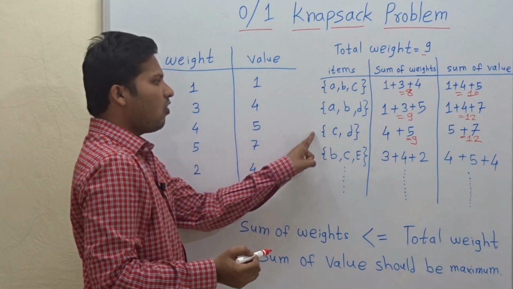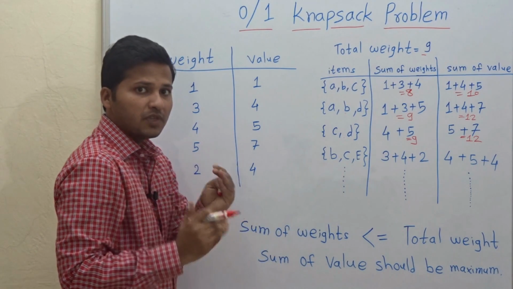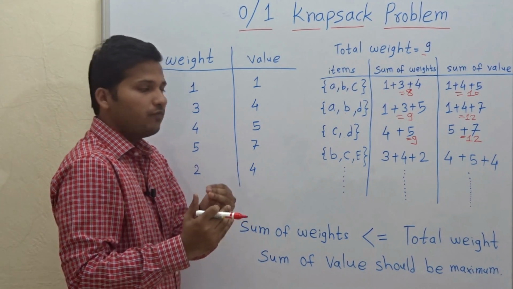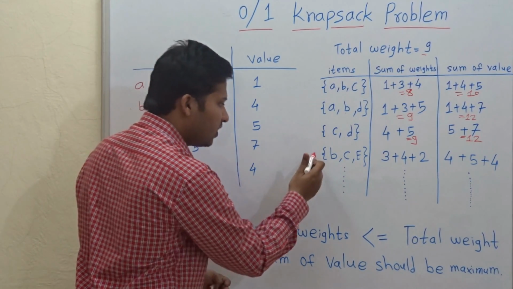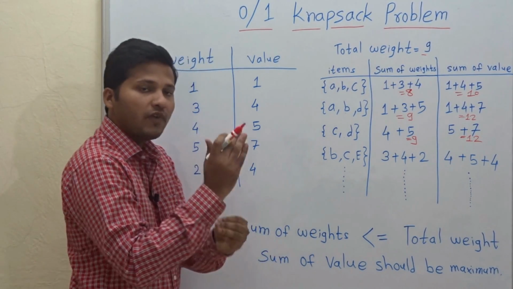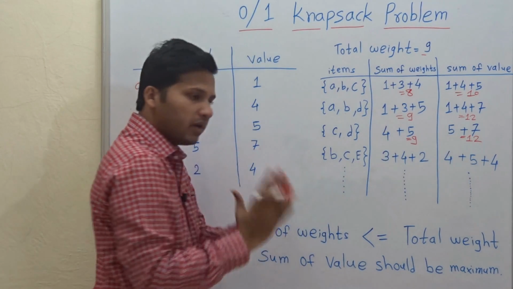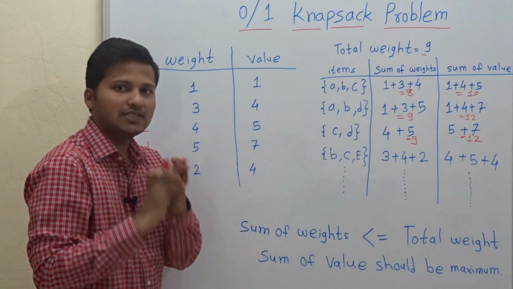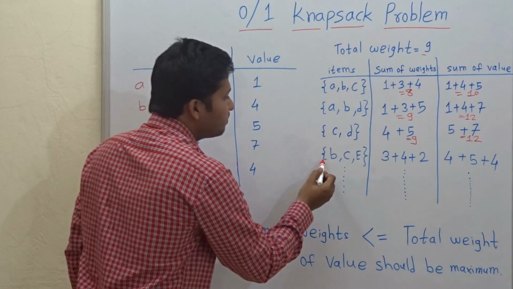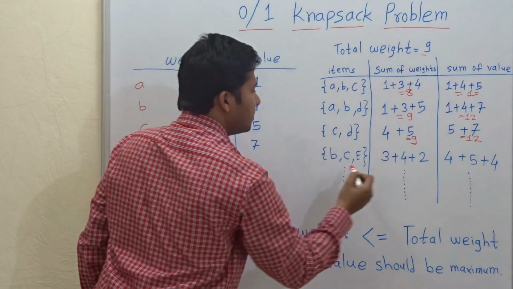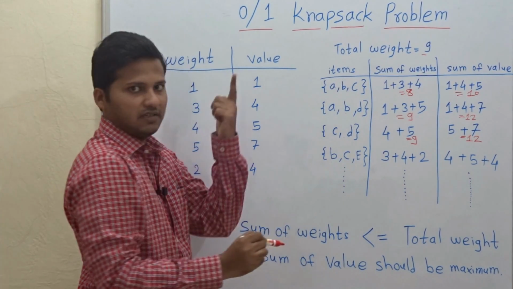Means either of these sets can be selected, if we don't find any selection or any set further which has more value than 12, but if we find such a set or such a selection that it has more value than 12, then we will select that set.